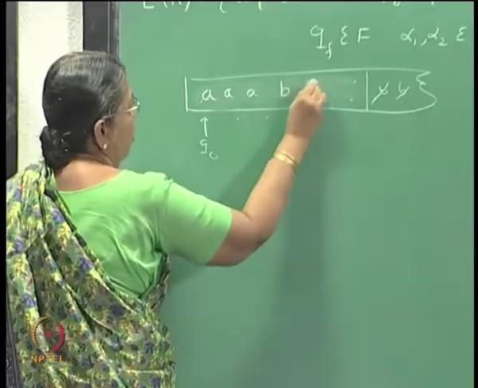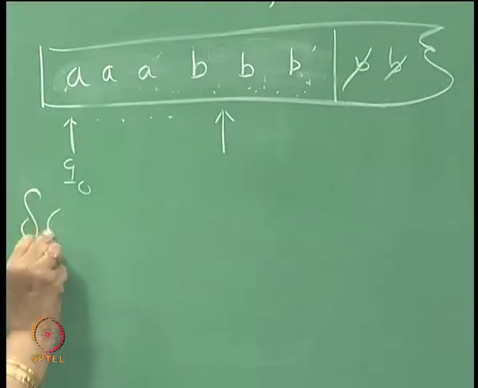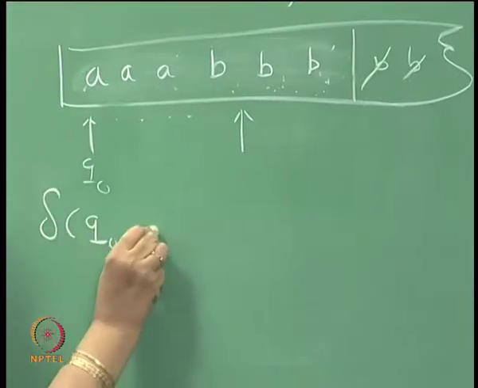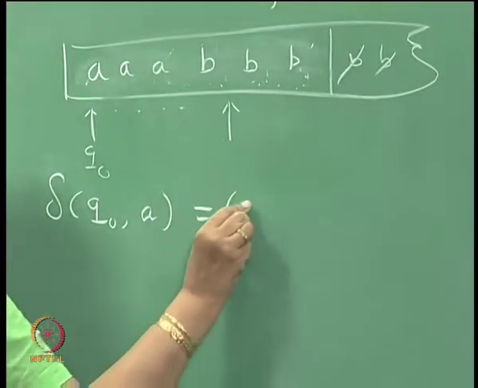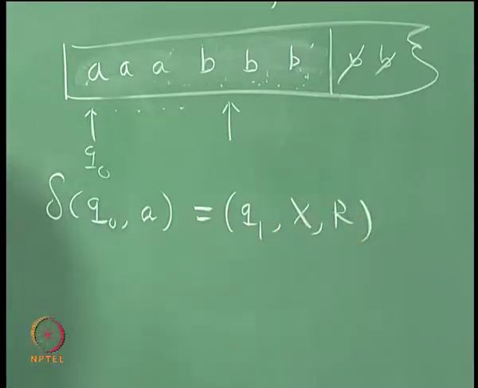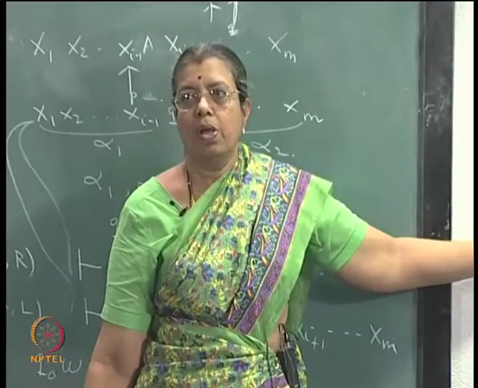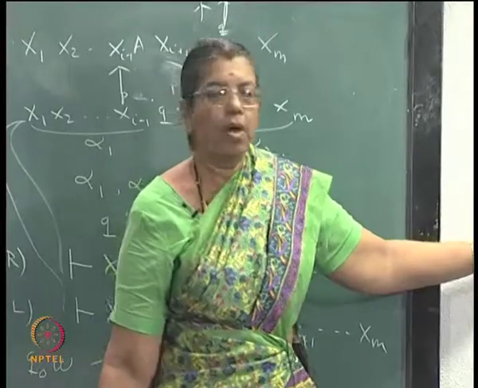This is what you start with. So, delta of q naught A is equal to q1 X R. So, first move, A is changed into X and you move right.